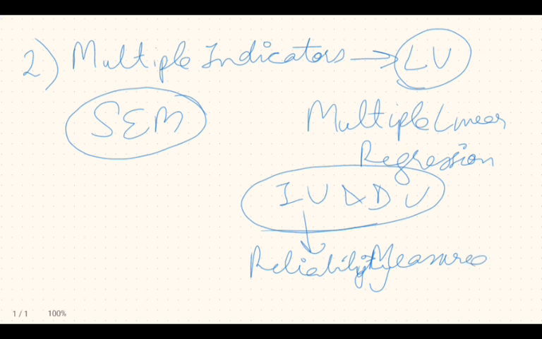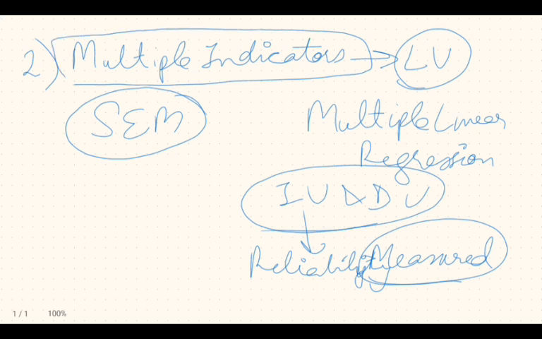If there are multiple indicators of a latent variable, you go with structural equation modeling, because it helps to separate the true variance from measurement error, which leads to more accurate and unbiased estimates.